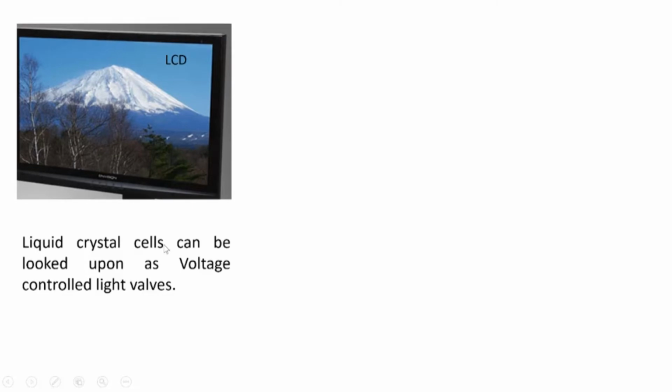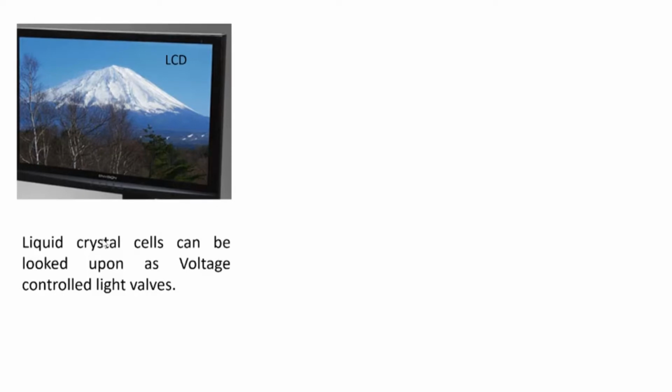These liquid crystals have the property that the transparency of a liquid crystal cell can be altered by applying a voltage across it. So it's like a capacitor with a liquid crystal acting like a dielectric in between. As you apply voltage to this cell, the amount of light that is able to pass depends on the voltage applied to that liquid crystal cell.